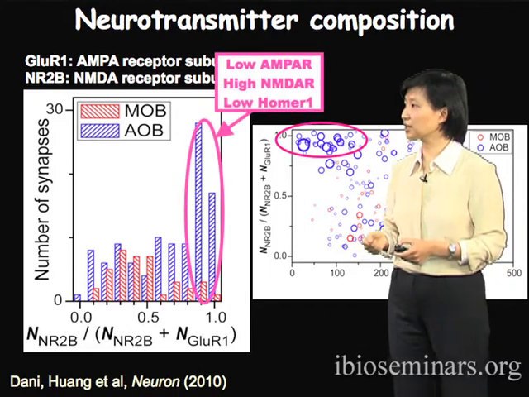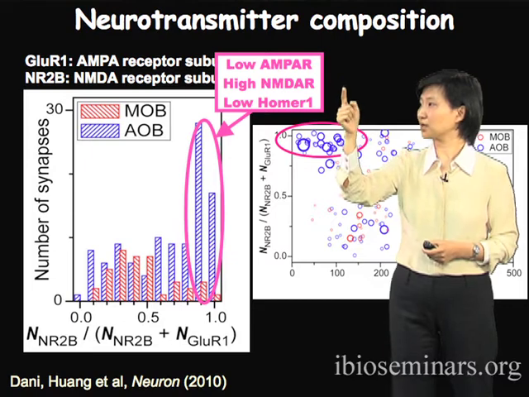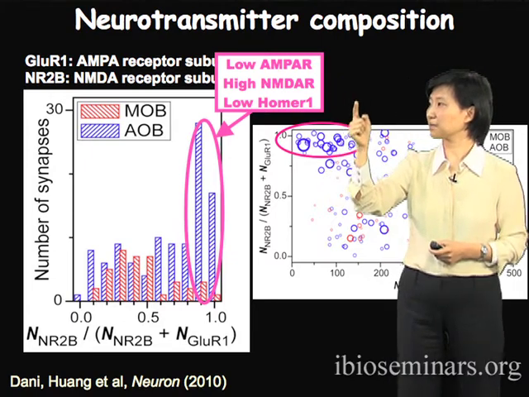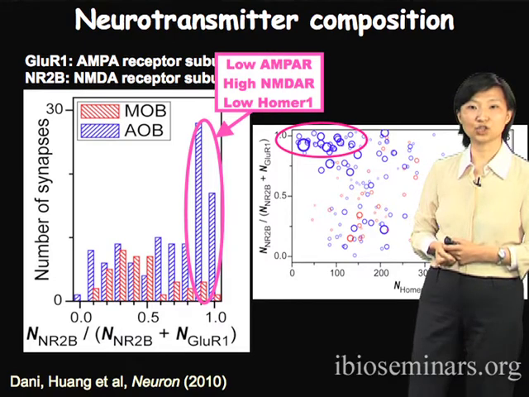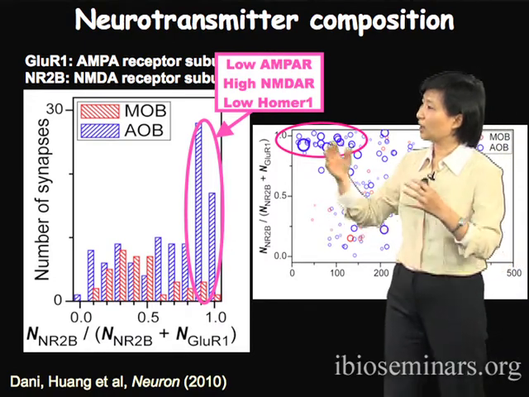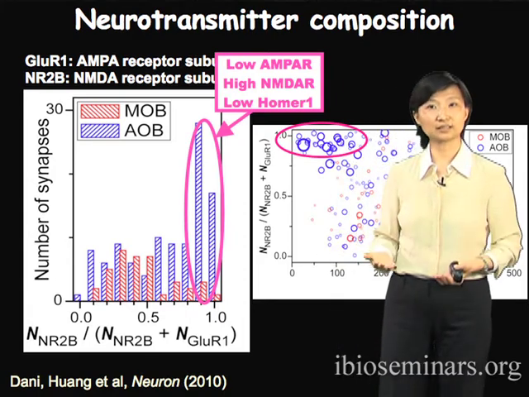So all these put together, these three signatures, low AMPA receptor content, high NMDA receptor content, and low postsynaptic density content, could mean that these are likely immature synapses or silent synapses.